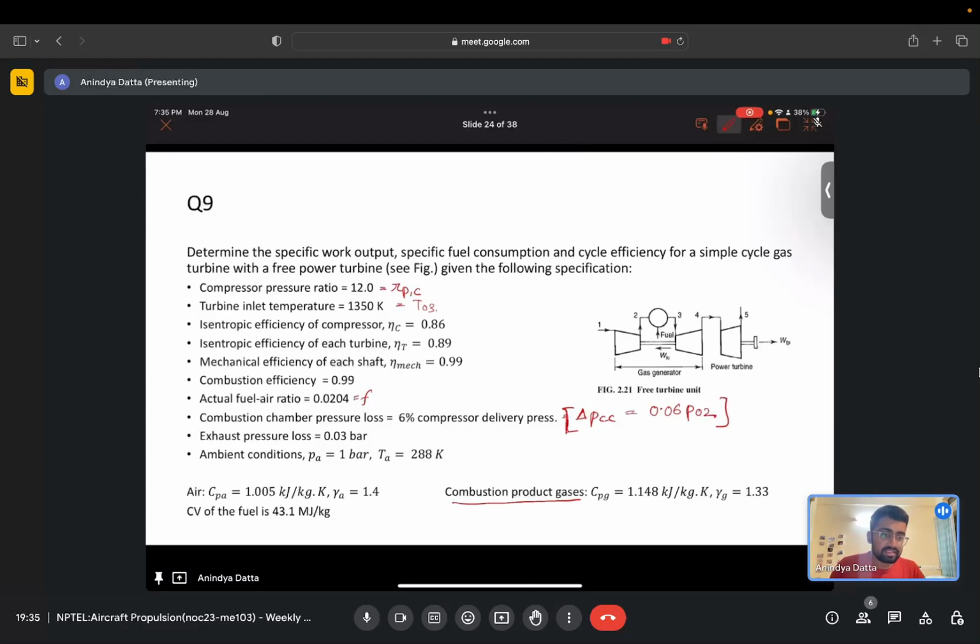Just to remind you, air is the working fluid in the compressor, but the working fluid in the turbines is our combustion product gases. So we need to use the values of Cp and gamma for that when we are dealing with the turbines.